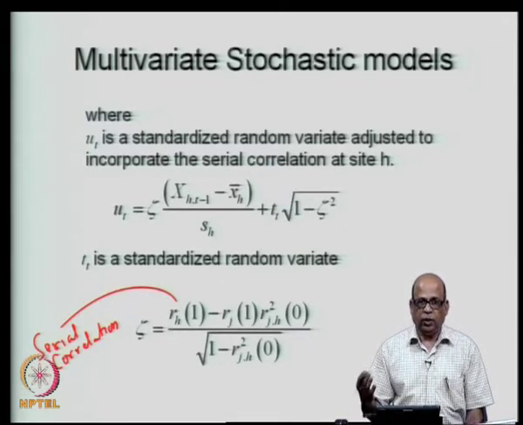So, in today's lecture, essentially we have started with the single site models and then went on to develop models for multiple sites. The point that you must remember is that these cases typically arise when there are several streams, let us say x1, x2, x3 etcetera.